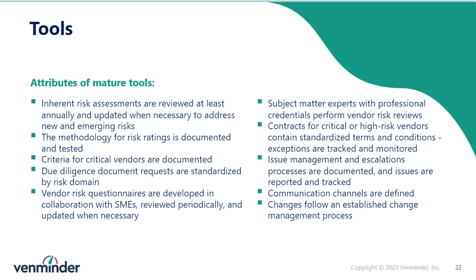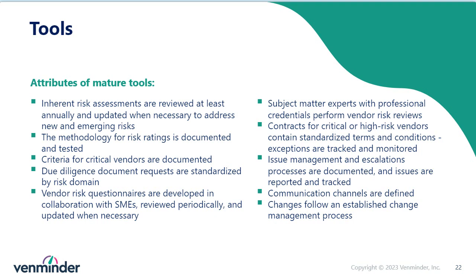We want to make sure that our contracts for critical and high-risk vendors contain standardized terms and conditions. So that might be right to audit, information security breach notification, employee training, etc. We need a good issue management and escalation process that should be documented, and we should be able to show that issues are reported and tracked.